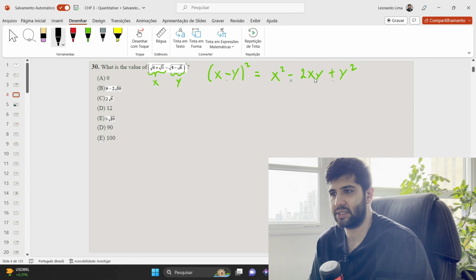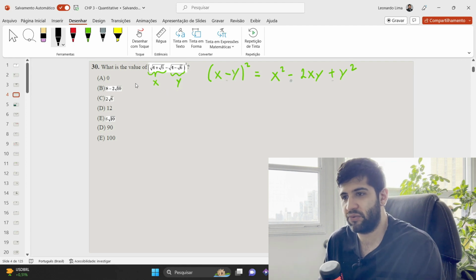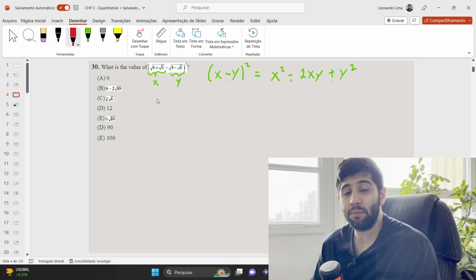I did just that to visualize what is required, because we need to open this equation to try to solve and simplify it to get the result. So in this way, I'm going to substitute it back. But before that, I just want to show you what I'm doing here.